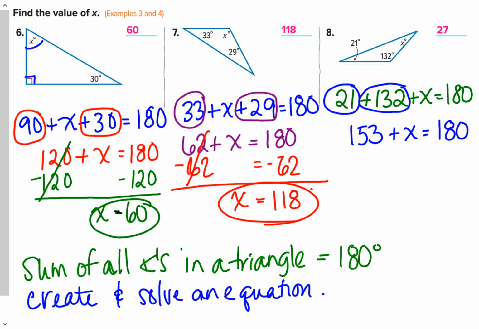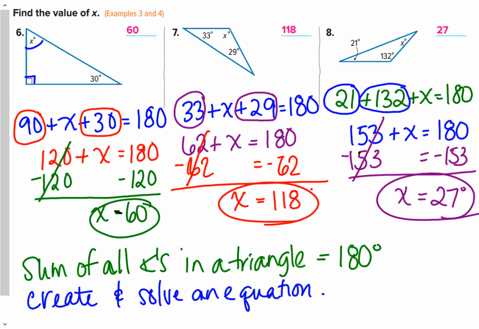Now I'm going to solve by subtracting 153 on both sides of the equation. And I'm left with x equaling 27 degrees. Oh, Mrs. Mendoza forgot our degree symbol. All right, so that's how you solve it. You add up all the numbers and set it equal to 180, and then you solve like a regular equation.